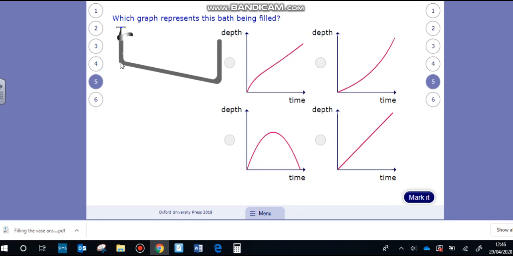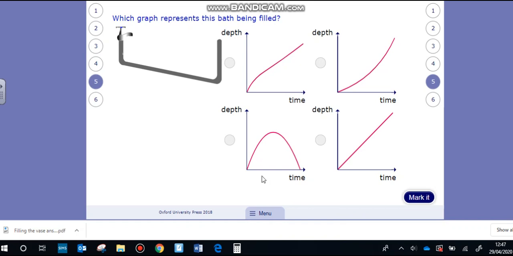Well, it's not the same shape graph, and we've already said that we've got a very small surface area, so this is going to get filled quite quickly compared to the last graph, and it's going to slow down as we go up. Okay, so it's not going to be this one.